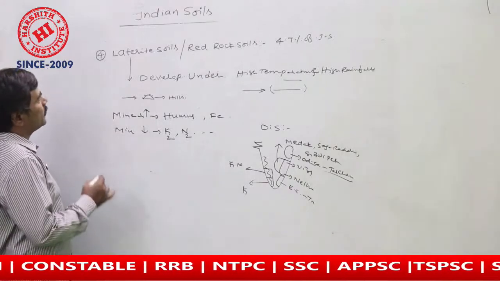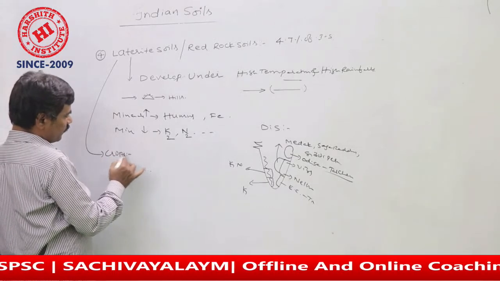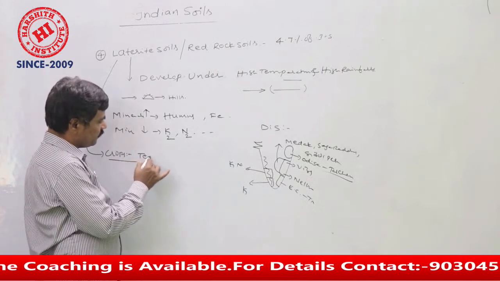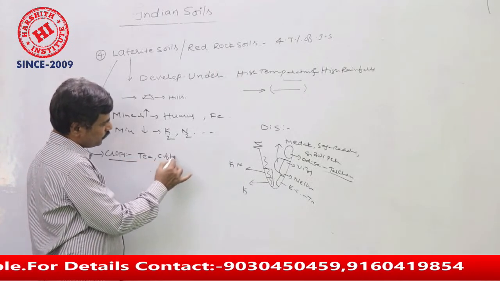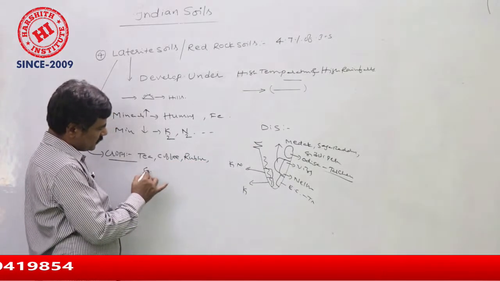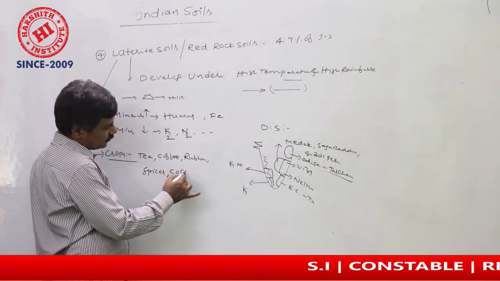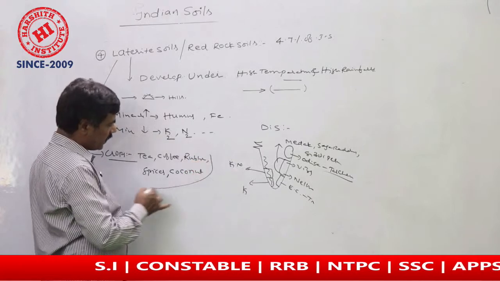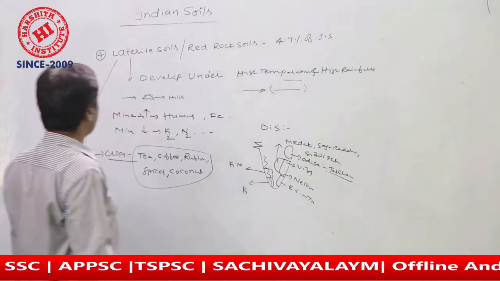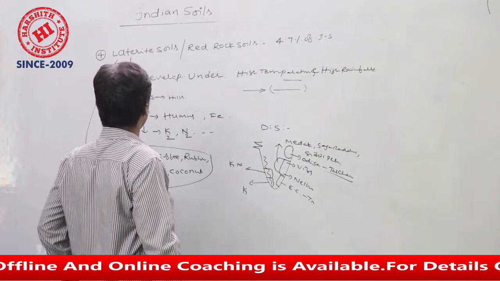So these soils are suitable for which type of crops? Mostly cultivated on the slopes, mostly plantation crops like tea, coffee, rubber, spices, and coconut. All types of commercial crops are cultivated on the slopes of the laterite soils and the slopes of the hill areas.